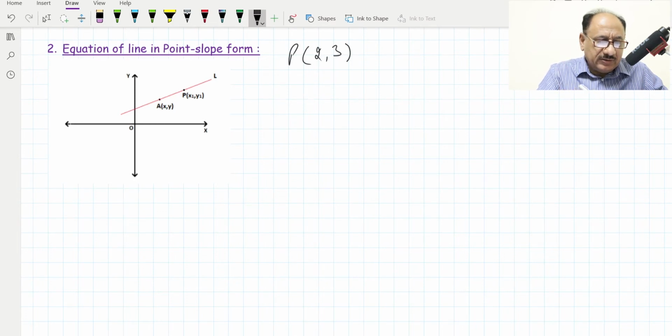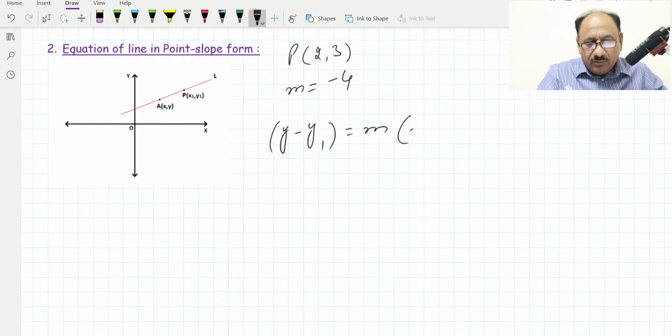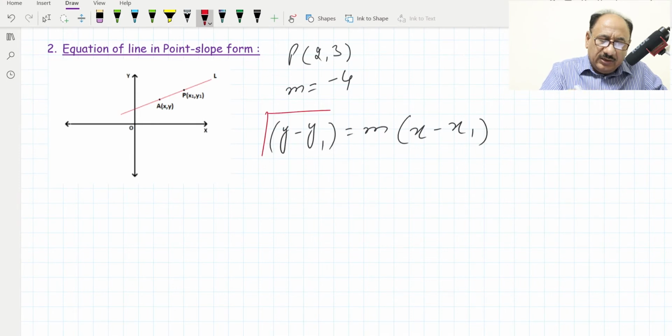Say 2 and 3 is the point P, and the slope or gradient is equal to, say, minus 4. So we can write the equation of line in point slope form. y minus y1 is equal to m into x minus x1. This will be the equation of line in point slope form.